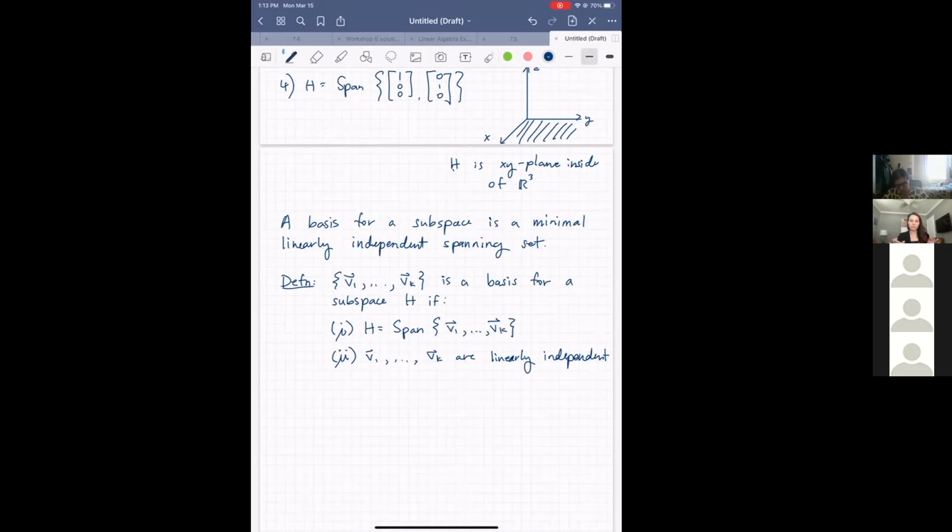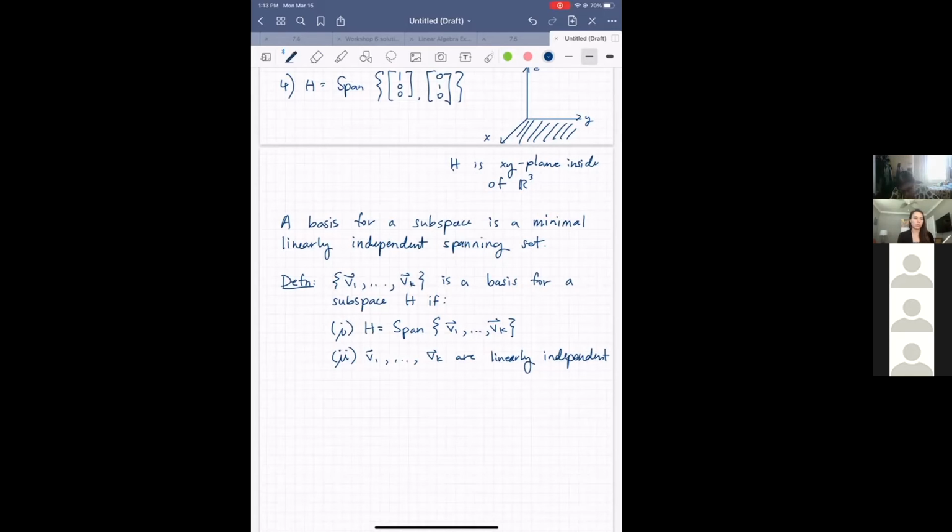Okay. So the reason why this creates what I referred to as a minimal spanning set is because this requirement that we have linear independence means we won't have, for instance, multiples of the same vector, right?